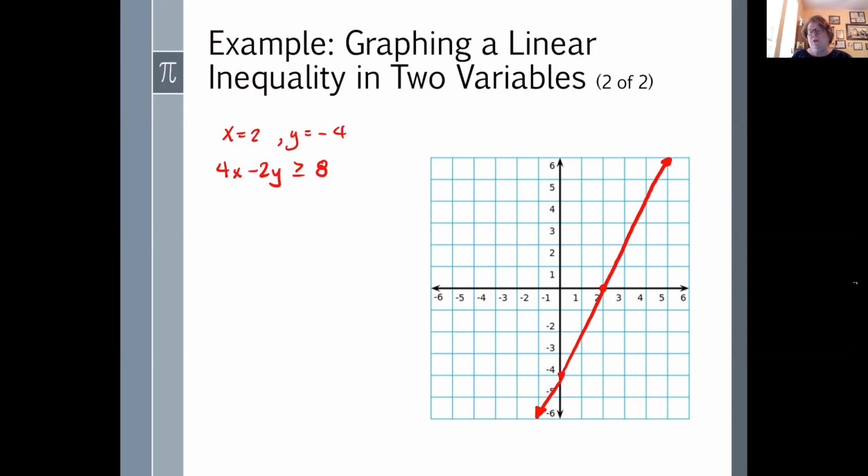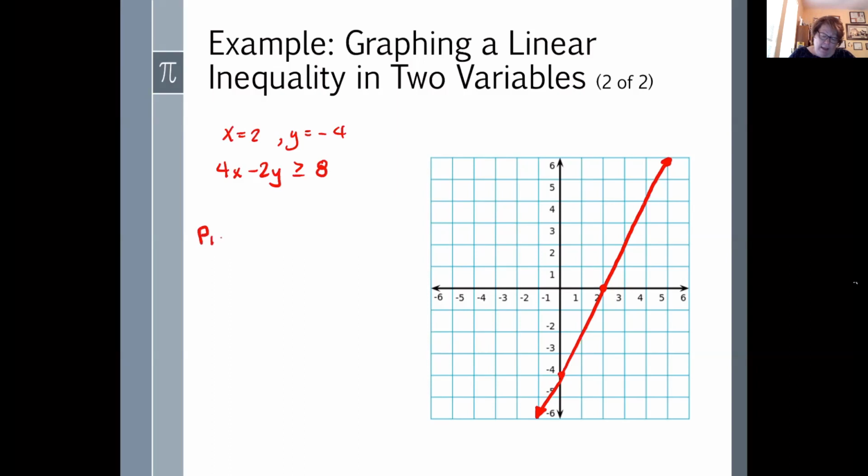All right, so now, since I'm graphing an inequality, the solution of this inequality is going to be either the half plane above the line or the half plane below the line. So I need to determine which it is. So I'm going to pick a test point.